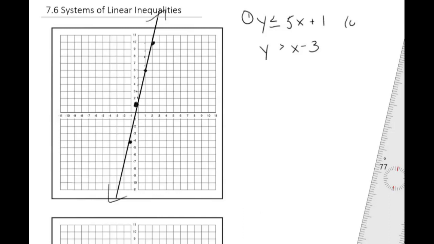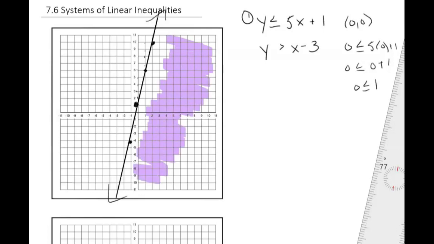Let's test 0, 0 and plug that in. 0 less than or equal to 5 times 0 plus 1. 0 less than or equal to 0 plus 1, and 0 is less than or equal to 1. Is that true? Yes. So hopefully if you were tempted to shade on this side, you would have done that and been correct. So that is underneath there.